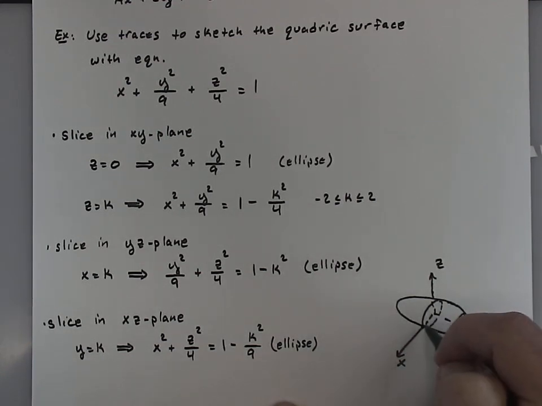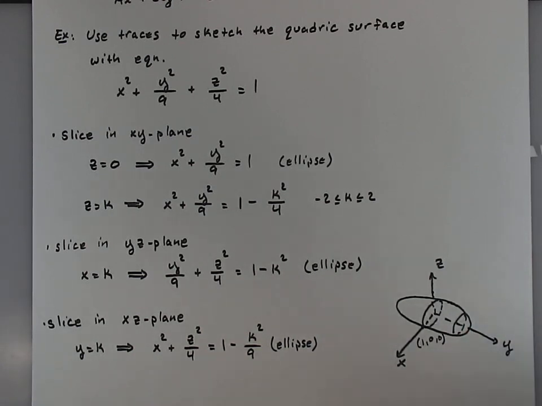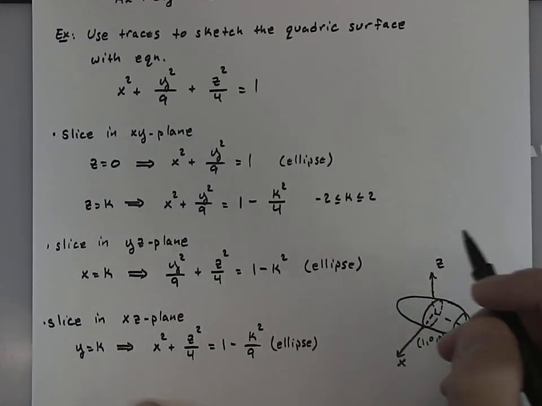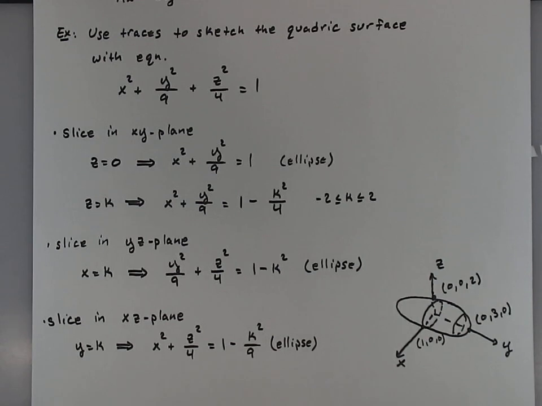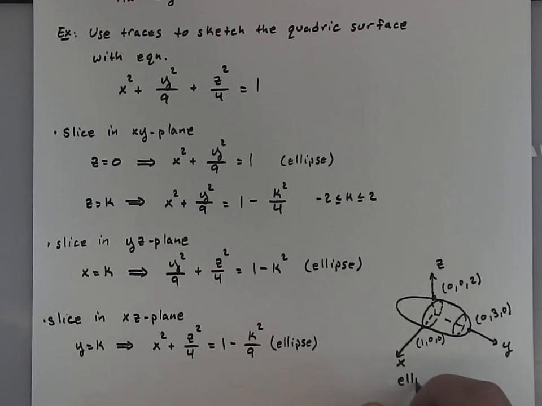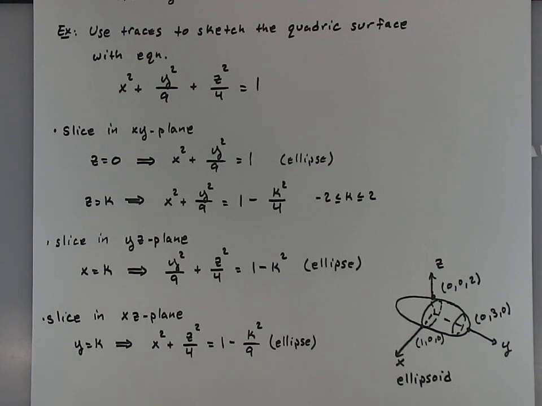This point here is 1, 0, 0. This point here is 0, 3, 0. This point on the z-axis is 0, 0, 2. And this is called an ellipsoid, since all traces are ellipses.